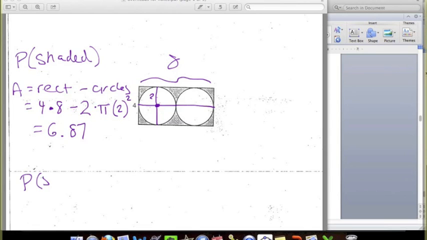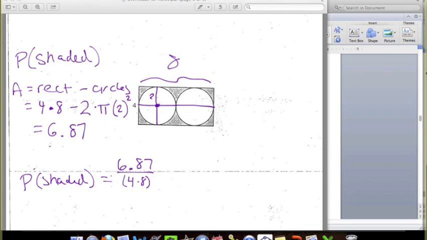If I want the probability of the shaded region, I need to take my shaded area and divide that by the total area, which would be what? 4 times 8. Make sure you put parentheses around that 4 times 8 when you type it in the calculator, or just do it and then divide by that number. If you don't put parentheses around that, your calculator is going to divide by 4 and multiply by 8, which is not what we want to do.